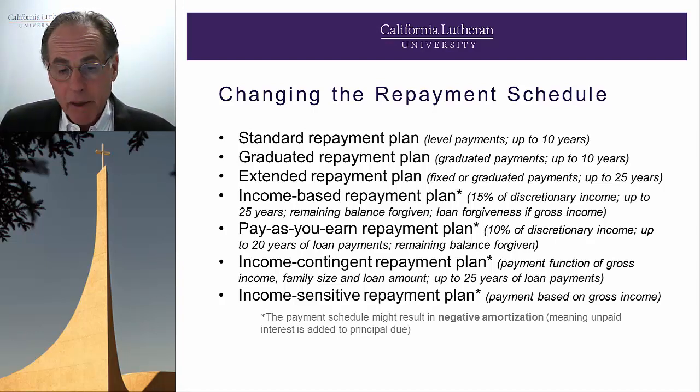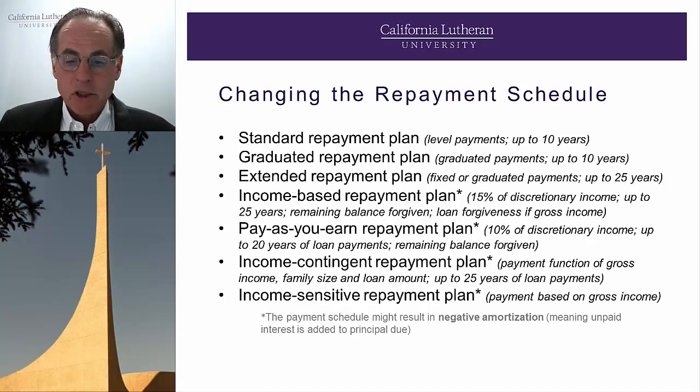The extended repayment plan, which may be fixed or graduated, could be paid over a 25-year window. The final 4 options depicted on this slide are linked to income and ability to pay. The income-based and pay-as-you-go repayment plans are based on a portion of discretionary income.